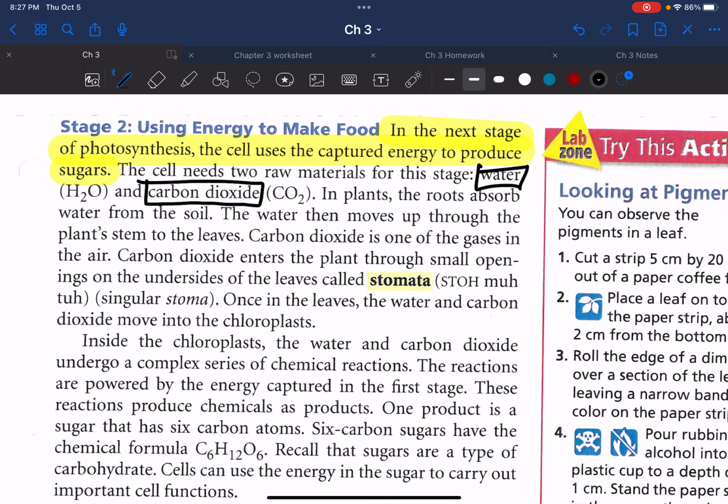In plants, the roots absorb the water from the soil. The water then moves up the roots to the stems and then to the leaves. Carbon dioxide is one of the gases in the air, like right now. Carbon dioxide enters the plant through a small opening on the underside of the leaves. These are called stomata.